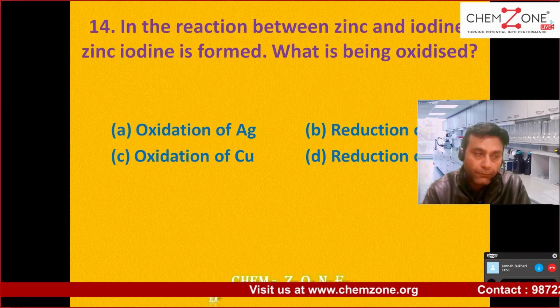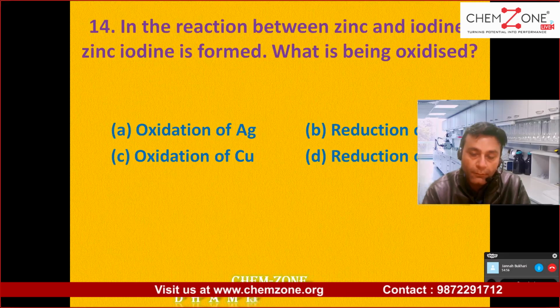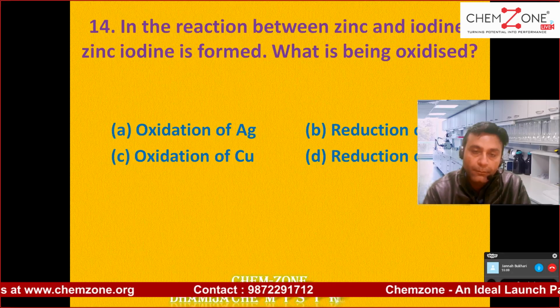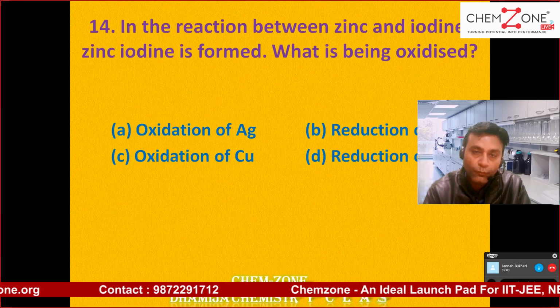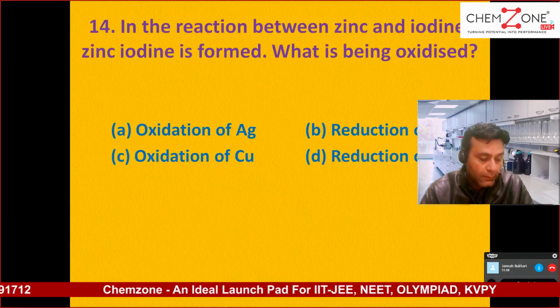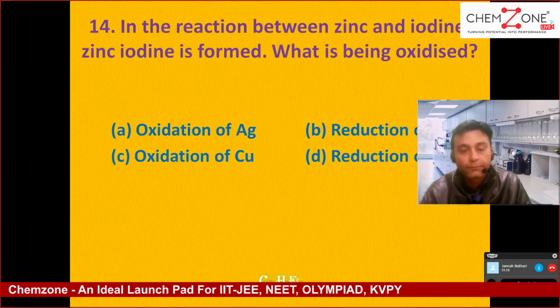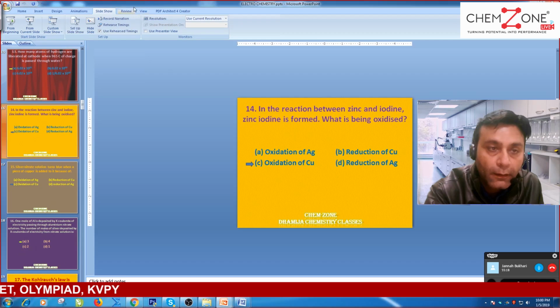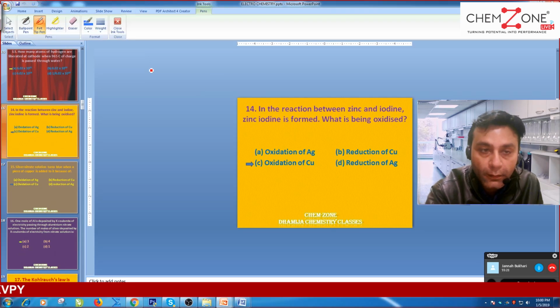In the reaction between zinc and iodine, the same kind. What is the reduction of copper in this case? Let us see. From your example that you were talking about, zinc plus iodine, yeah, zinc iodide is formed.